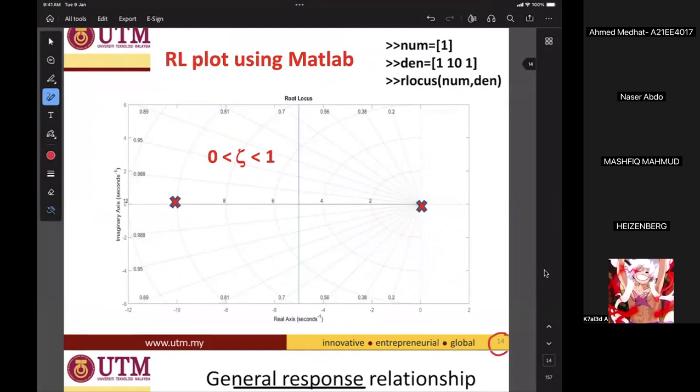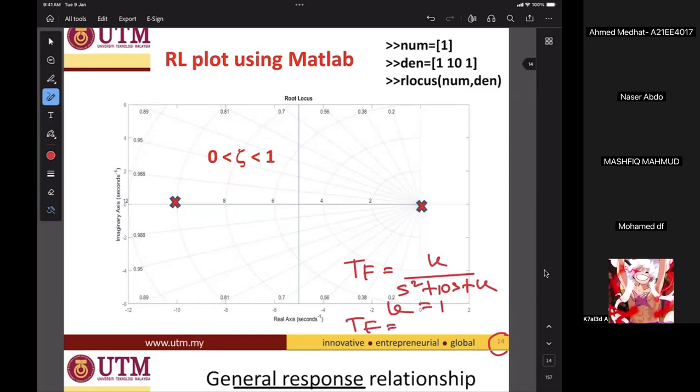We proceed to slide number 14, where you are given a transfer function. Previously it was K, where K equals 1.